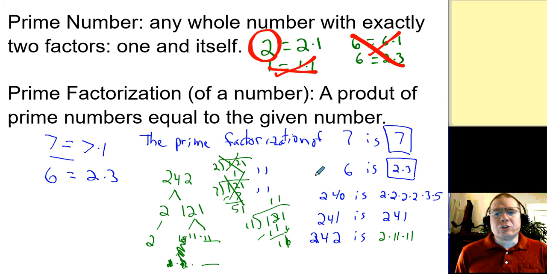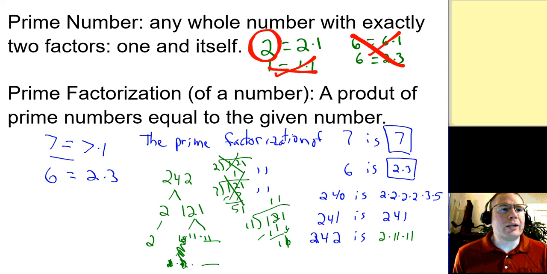All right. So each whole number either is a prime number, or it can be written as a product of primes, and that is its prime factorization.